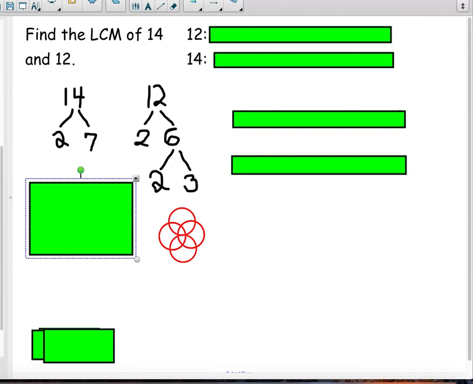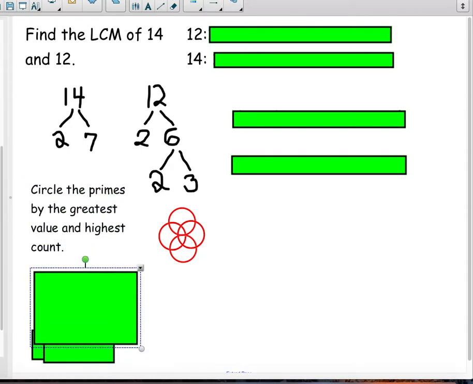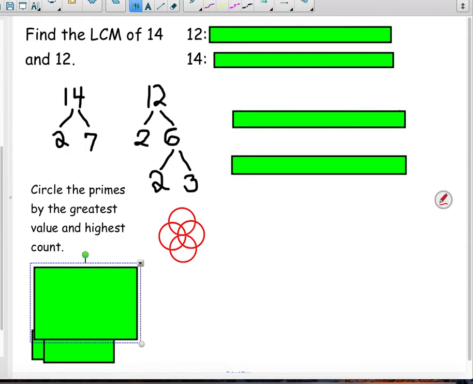And then what we want to do is circle the primes by the greatest value and the highest count. So in this case, you can see that we have 2, but we also have 2's in 12, and we have more 2's in 12. We actually have two 2's. And then over here, you'll see that we have 3, so we've got to use 3 as well. But we still have 7 here, so we're going to use 7 as well.